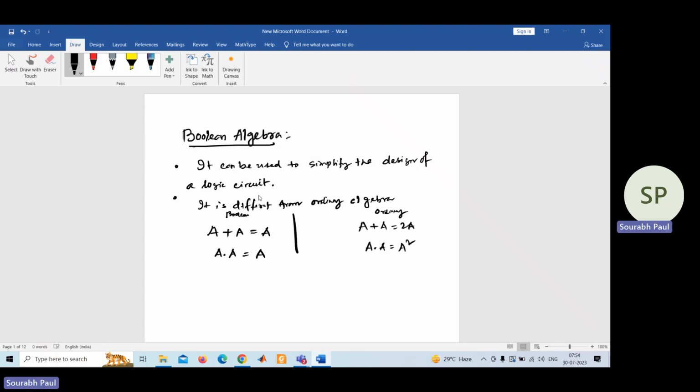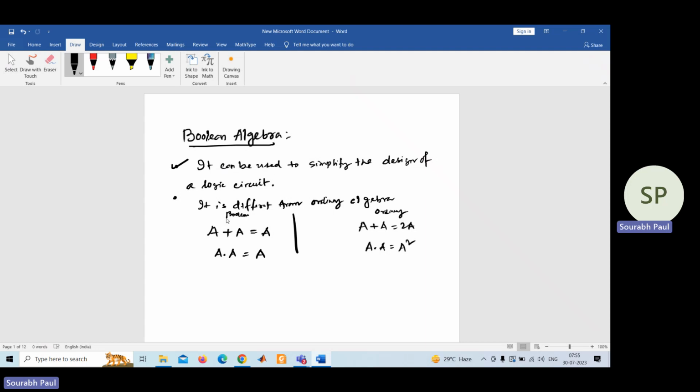So two things I told regarding Boolean algebra. One is that it is used for the simplification of expressions. When you have some expression and you are asked to design it using gates, your main target is to minimize that expression, and that is possible by using Boolean algebra, so that a minimum number of gates can be used.